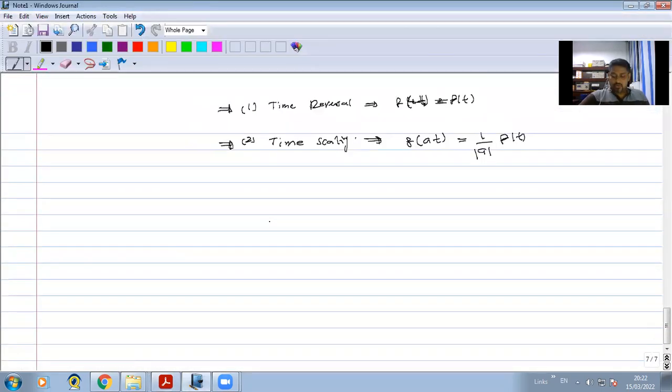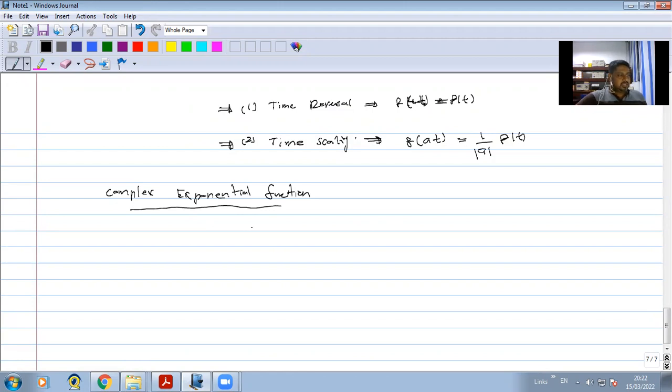Now we have to learn another important function, that is the complex exponential function or signal. So what is the complex exponential function?